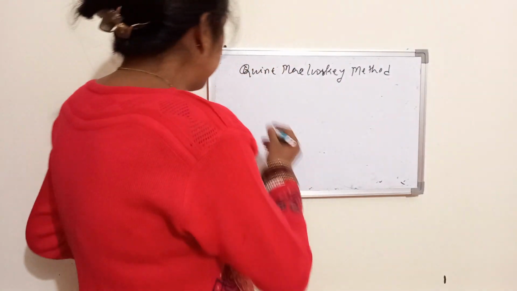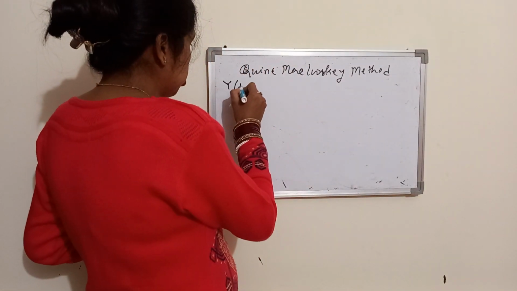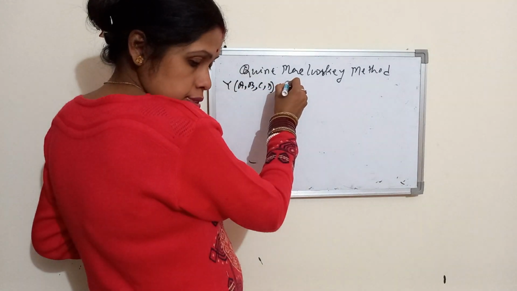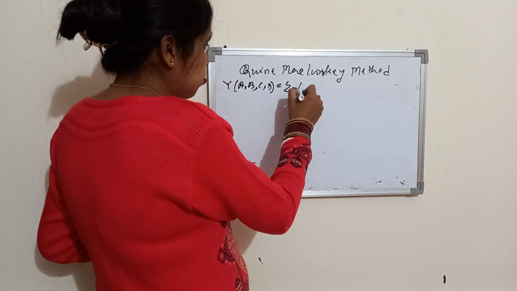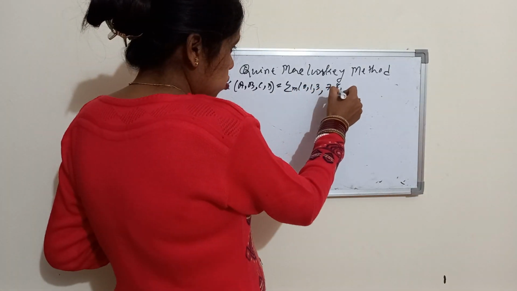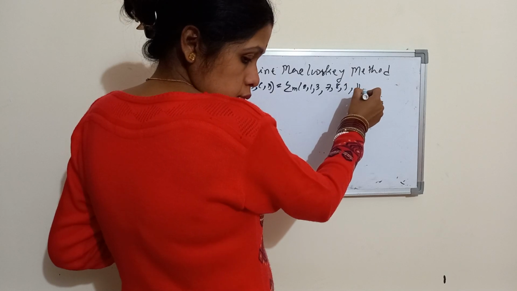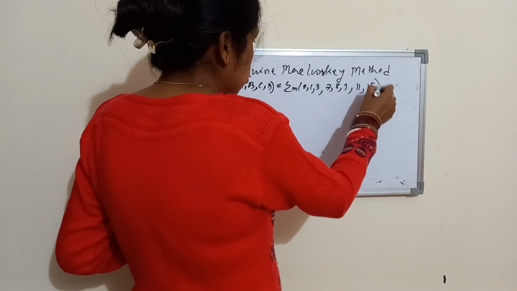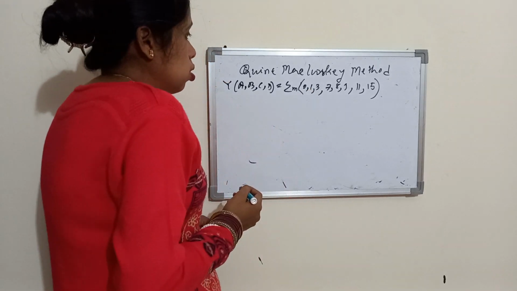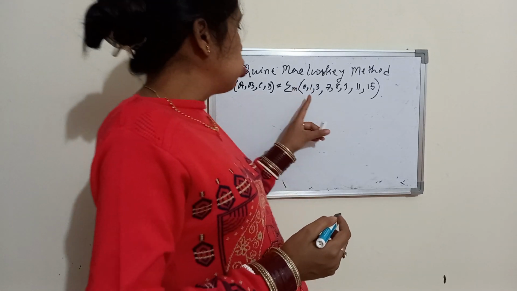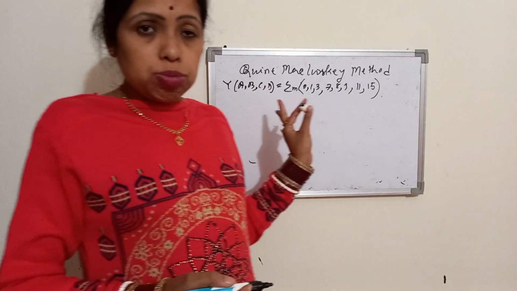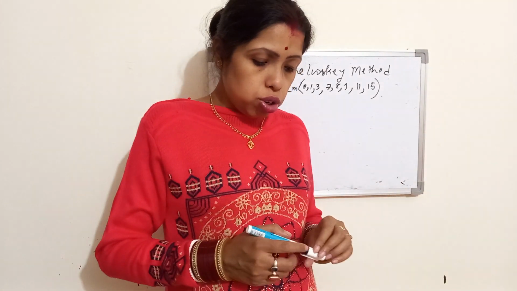Okay, so I am writing the expression here: 0, 1, 3, 7, 8, 9, 11, 15. These are my min terms, and you have to minimize that.